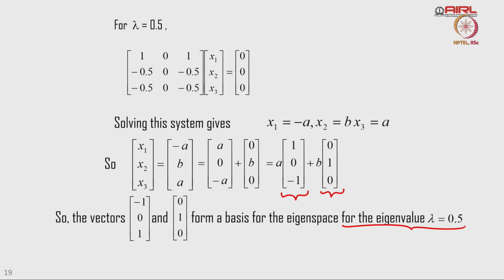So, now we have two linearly independent eigenvectors corresponding to lambda 0.5. This may not always be the case, you might not be able to find two linearly independent eigenvectors for lambda equals 0.5, but in this example it is possible.